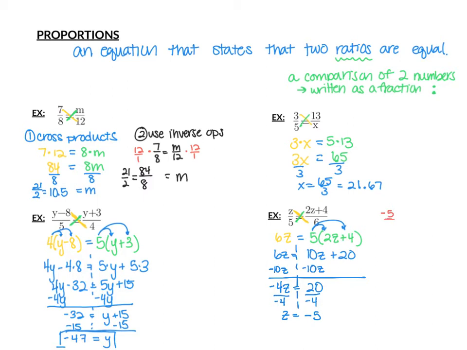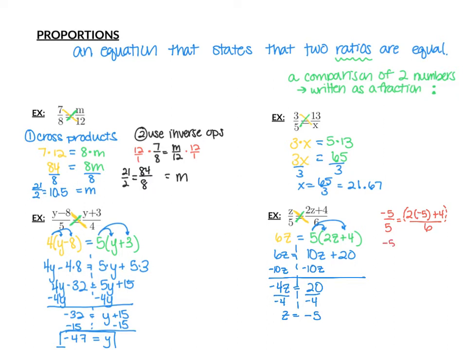So if I plug in -5 every place that there was a variable, we get -5/5 equals (2 times -5 plus 4)/6. Order of operations says we treat this numerator like it has parentheses, even though it doesn't.